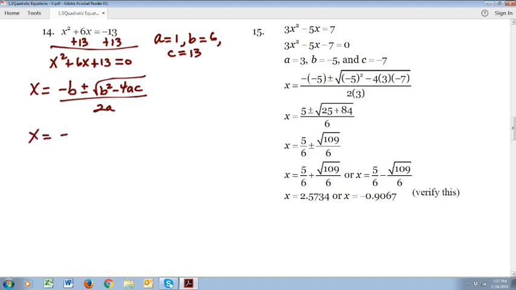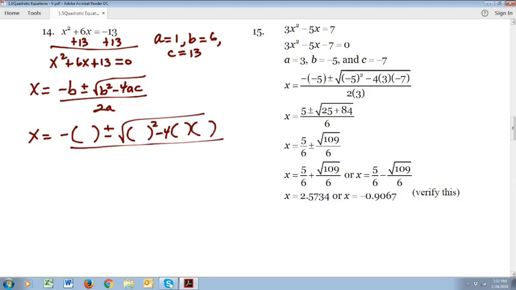And let's make a shell. I'm going to go ahead and plug in all the numbers. And so now it's just a matter of simplifying. So we've got negative 6 plus or minus. Let's simplify this radical. We've got 36 minus 4 times 1 times 13 is 52.